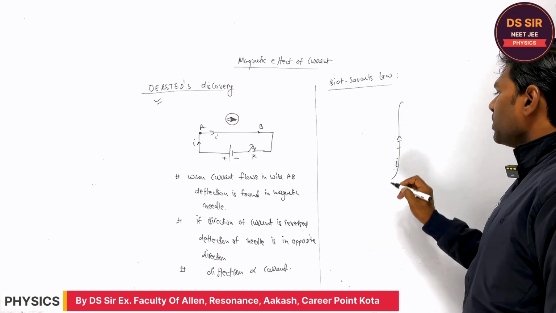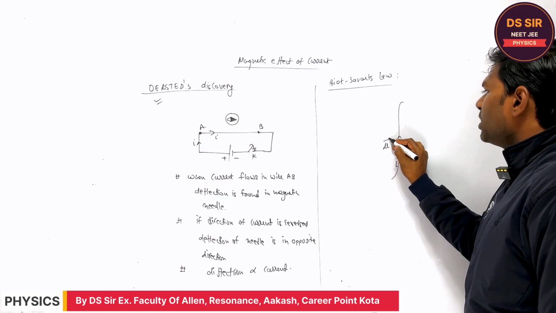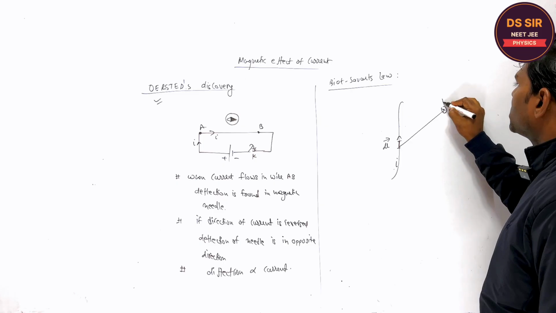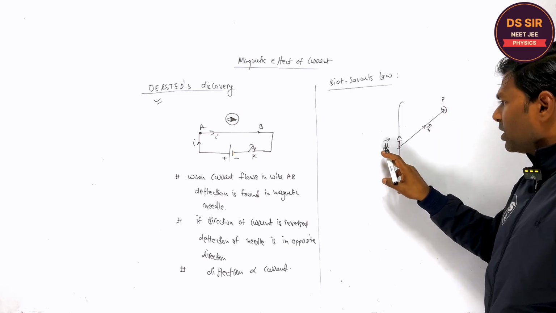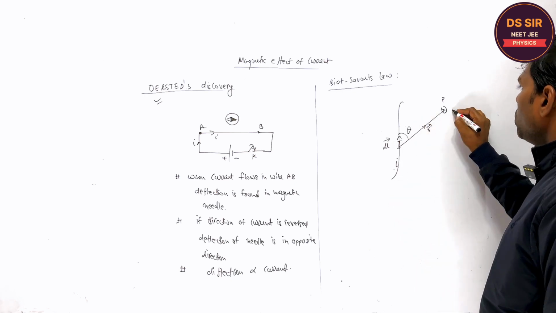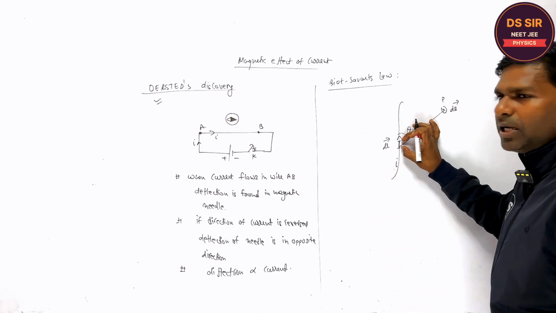So according to him, if the current I is flowing, and you take an elemental portion dl, and you choose a point P in space whose position vector is r from this elemental vector, and this is the angle theta, then an elemental magnetic field is produced due to this elemental portion.